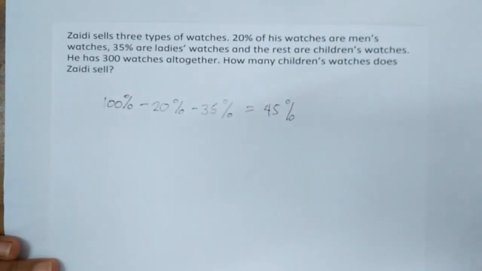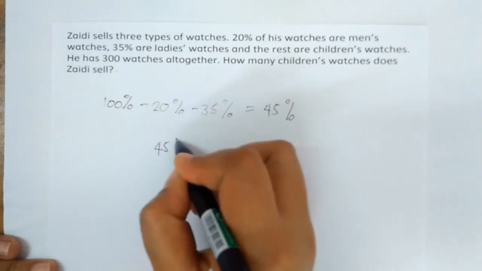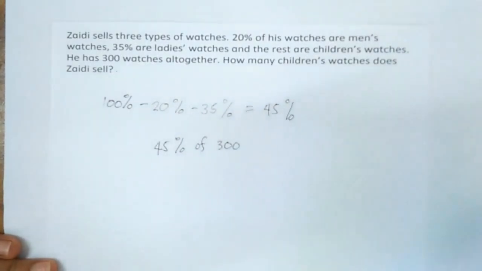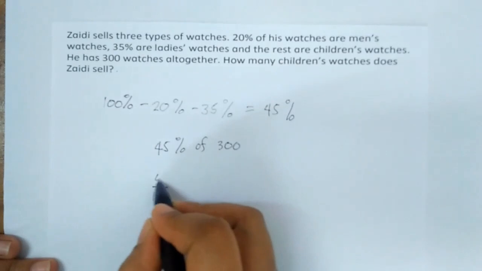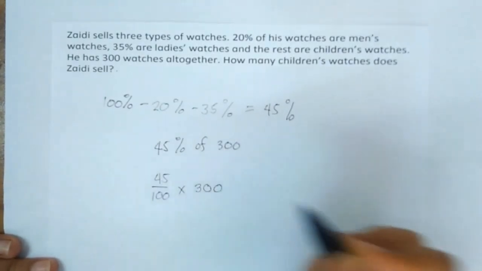So we're going to take 45% of the 300 watches because that is for children. Same process, 45%, just make the denominator out of 100. Then multiply to the number, which is 300.